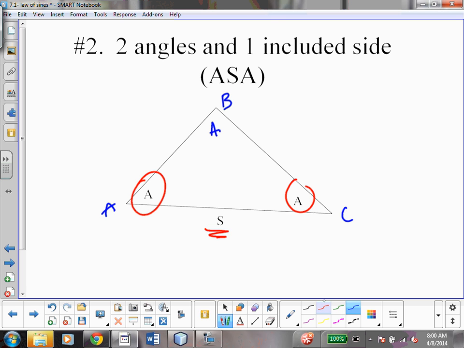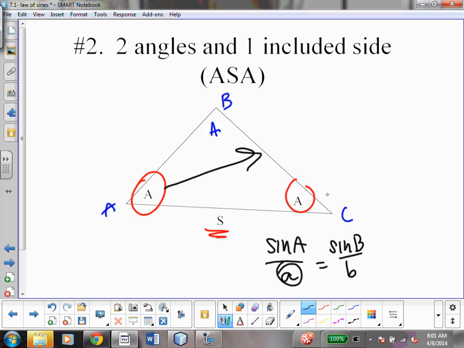And I could apply the situation and say the sine of A over side a would equal the sine of B over side b. And in this case, I would be finding the measure of side a. And I could apply things with side and angle C as well.